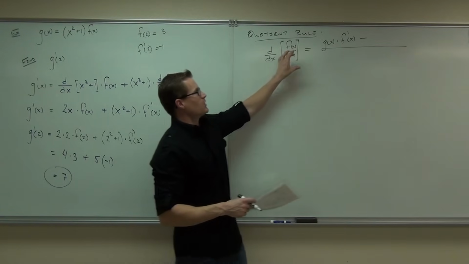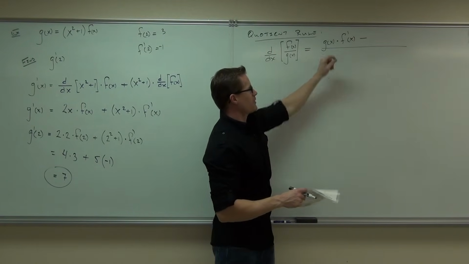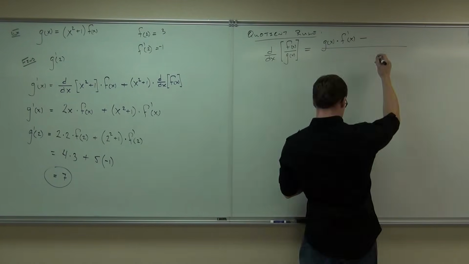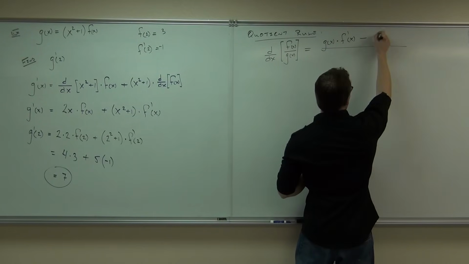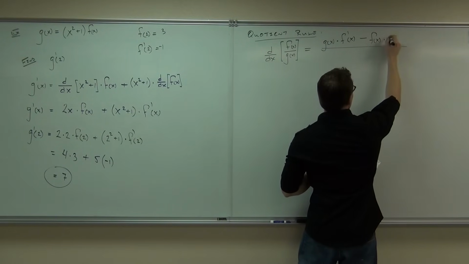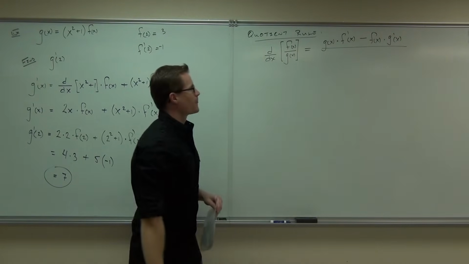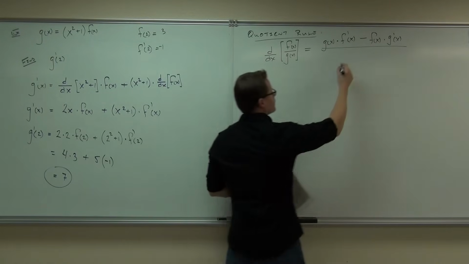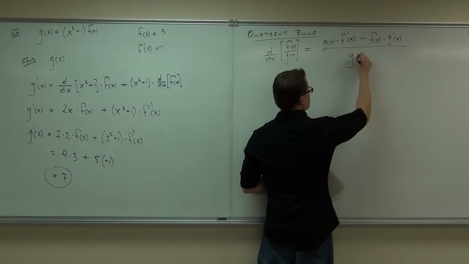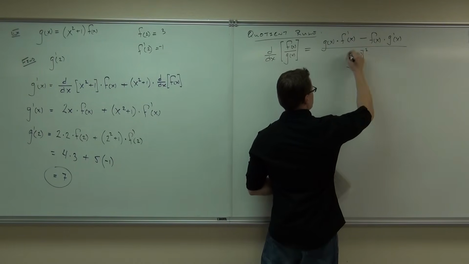So the low function times the derivative of the high function, minus, what would I do? High function times the derivative of the low function, all over low squared.